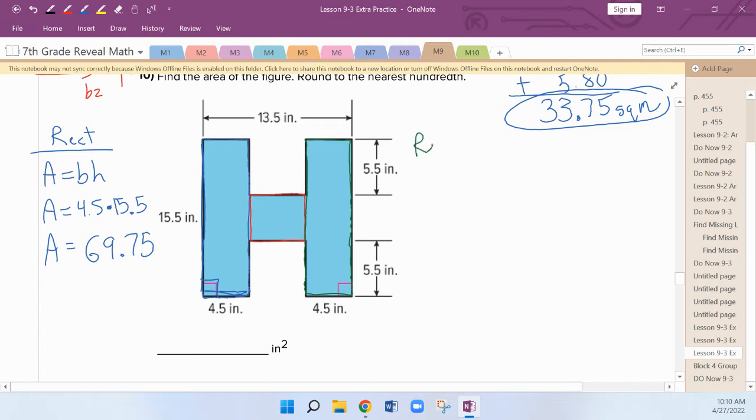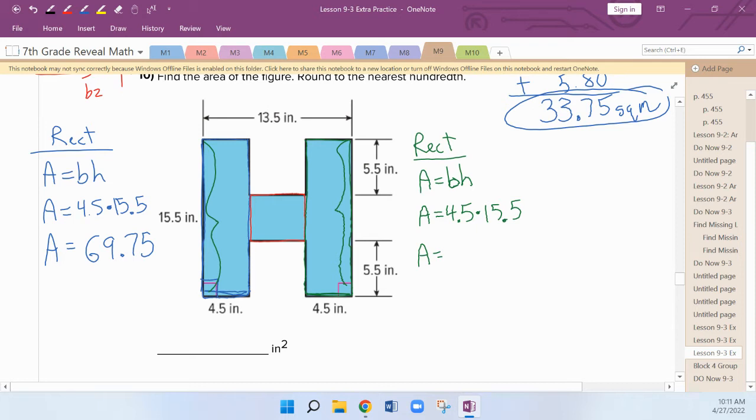All right, now I am going to jump over to that other rectangle on the other side. So we have another rectangle. We need to write the formula. We need a base and a height. So area equals, let's see, it's still the 4.5. And then it doesn't say, but it looks like this is the same height as this, so we'll say 15.5.